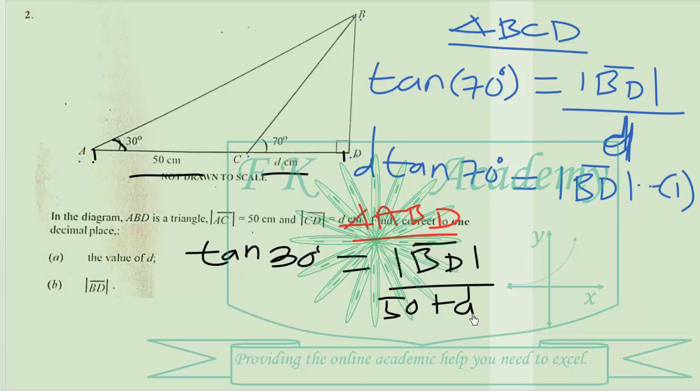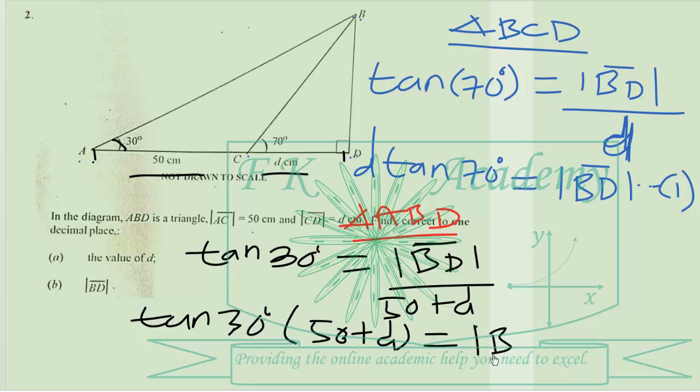We can again cross multiply, multiplying both sides by 50 plus D, and that will give us tan 30 degrees times 50 plus D is equal to the magnitude of line segment BD.